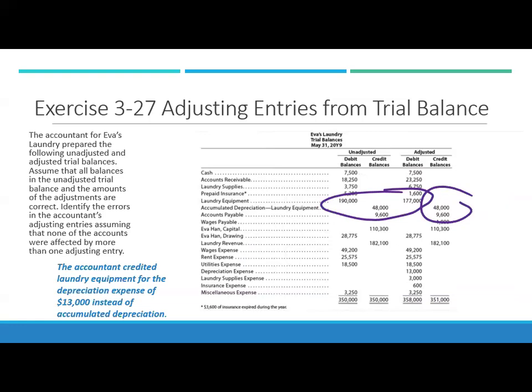We do not credit laundry equipment. When we're depreciating laundry equipment, we credit accumulated depreciation laundry equipment, not laundry equipment itself. The laundry equipment account will remain at its historical cost until it is sold or otherwise disposed of. It will not decrease by depreciation. Only the net book value decreases.